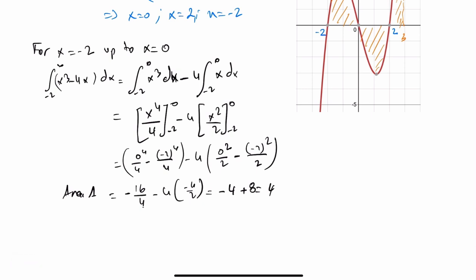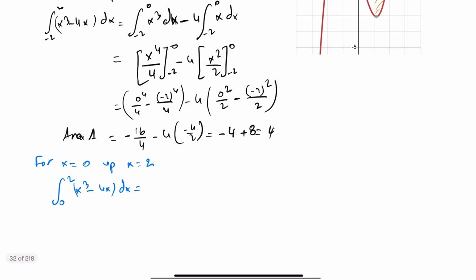So for x equal to 0 up to x equal to 2, the integral from 0 to 2 of x cubed minus 4x dx is equal to what? We don't need to go part by part, you can just do it directly because now you know how to do it.